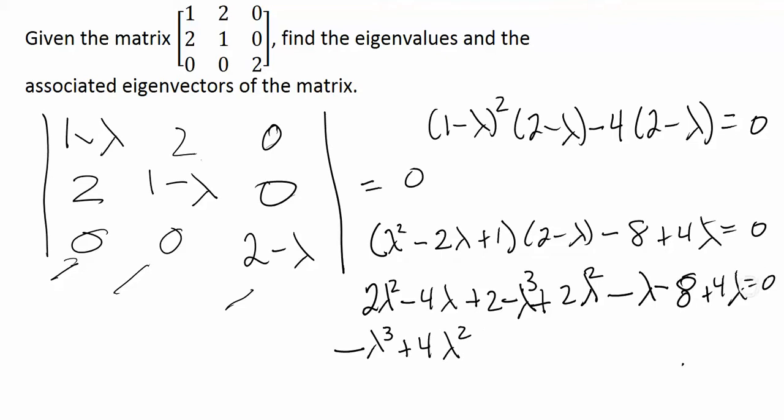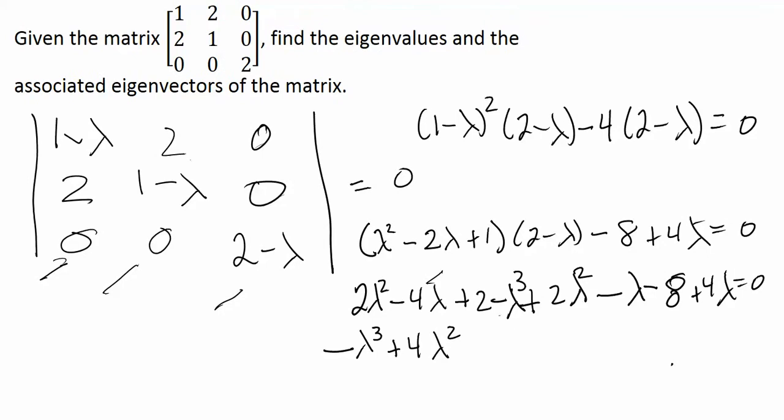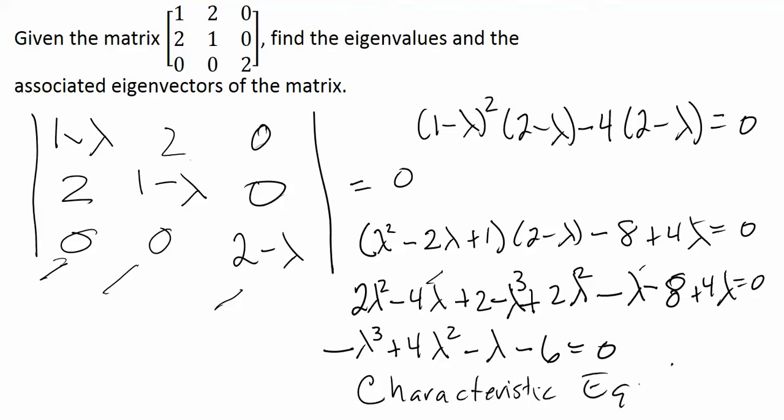Minus 4 lambda here, plus 4 lambda there, but we have minus 1 lambda, and then we have positive 2 minus 8 is minus 6 equals 0, and that is our characteristic equation of the polynomial of the matrix.